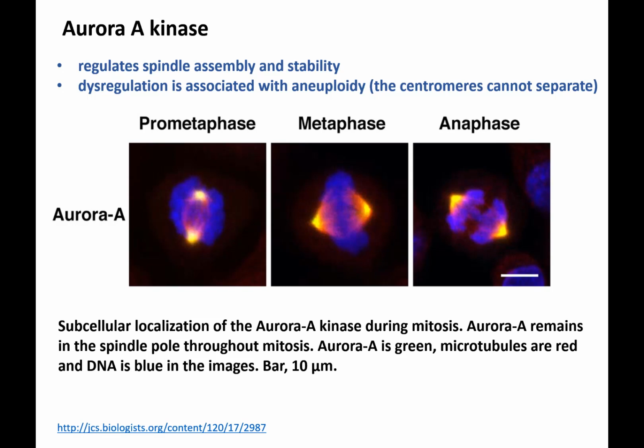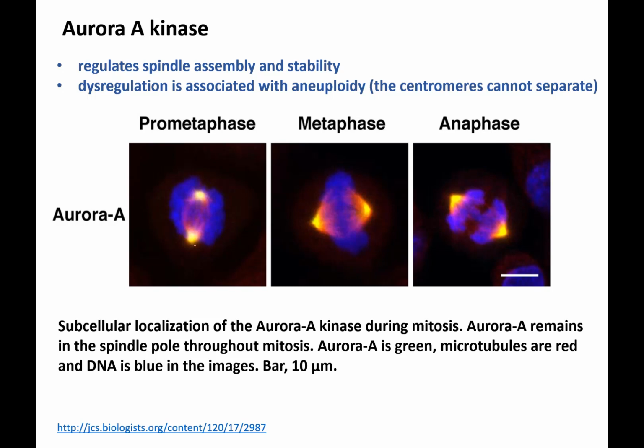They said here, Aurora kinase A regulates spindle fiber assembly and stability, and dysregulation, so when it's not working right, is associated with aneuploidy. So the chromosomes can't separate. Aurora is this yellow, it says green, but it looks yellow, I think.